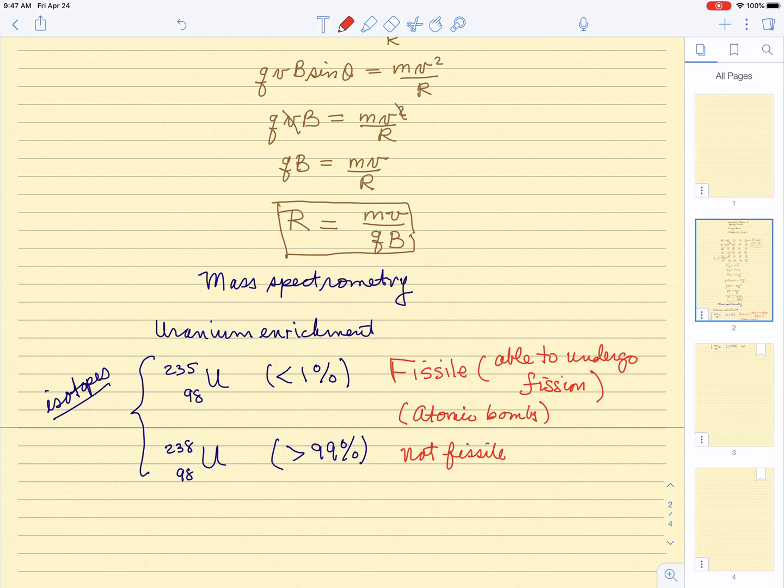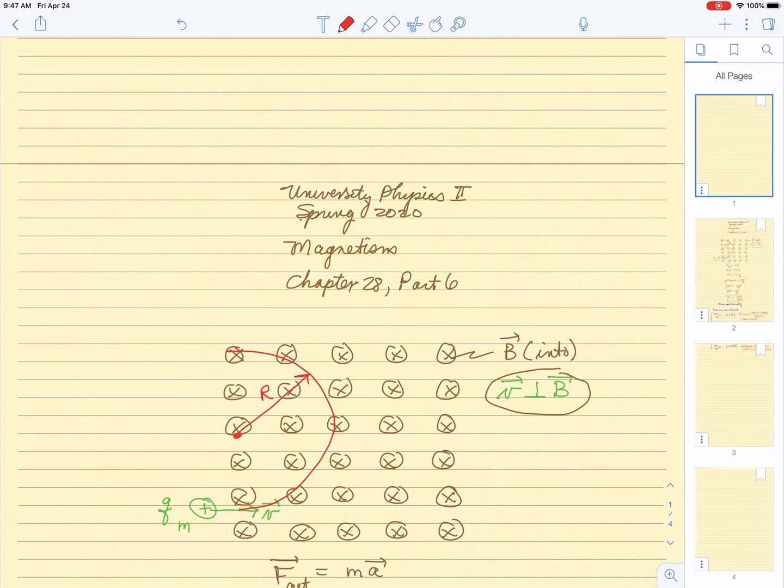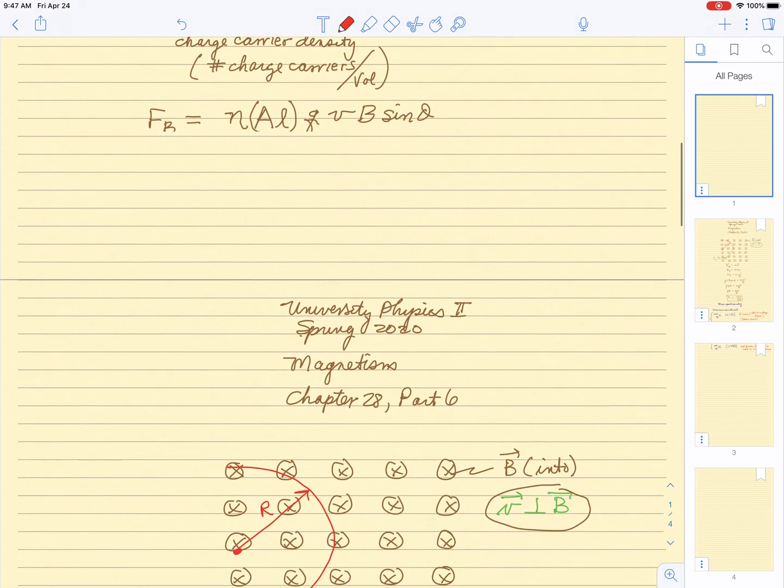fissile, but it also has some interesting properties. It could be used to make plutonium, which is fissile.